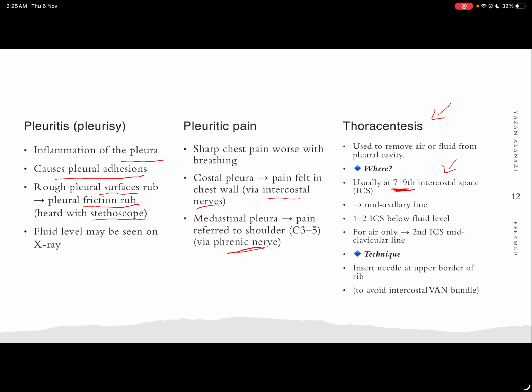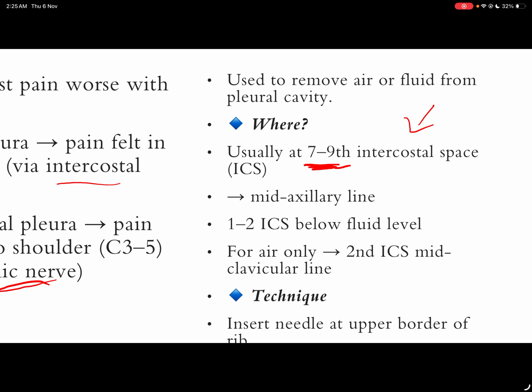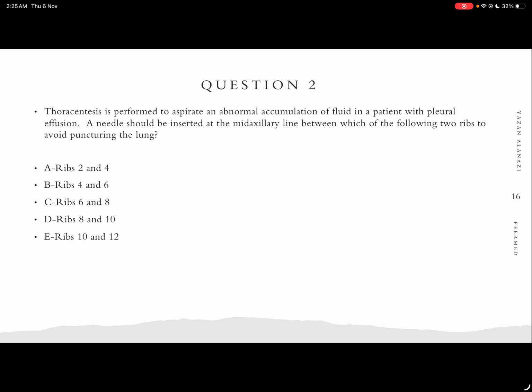Usually, if they bring 7th to 9th, that's correct. But if they did not bring it among the answers, we can just pick the nearest one, which is 8th to 10th. Okay?